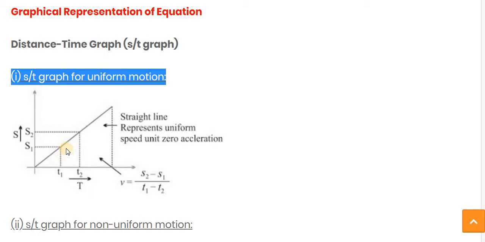Suppose we have to find out at a particular position how much distance the object covers after a certain time. In such a case we can draw perpendicular lines from the graph to the x-axis and the y-axis. Then we get s and t, meaning v is equal to s2 minus s1 divided by t1 minus t2.